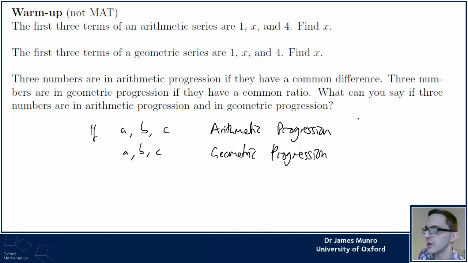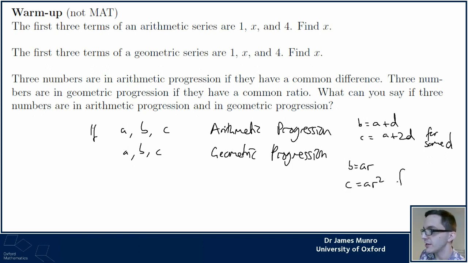So we could write B is A plus D and C is A plus 2D for some D. And over here, for the geometric progression, it would mean that B is A times R and C is A times R squared for some R. And then the question is, can we solve anything about A, B and C as a result of that?